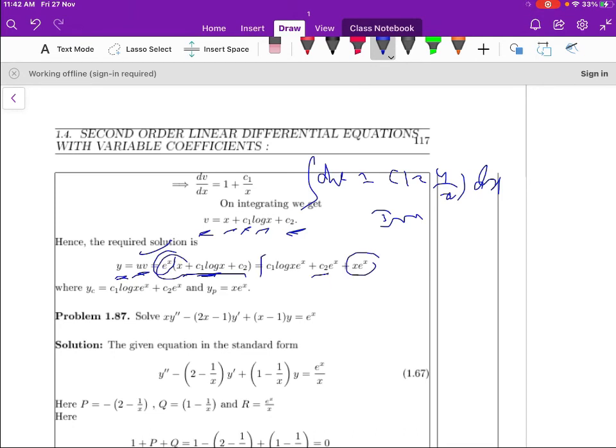This is the solution of the homogeneous equation, and this is the solution of the non-homogeneous equation. So this is the complementary function plus the particular integral, where yc is c1 log x into e power x plus c2 into e power x, and yp is x into e power x. So this is the solution of the second order differential equation by the method of reduction of order.